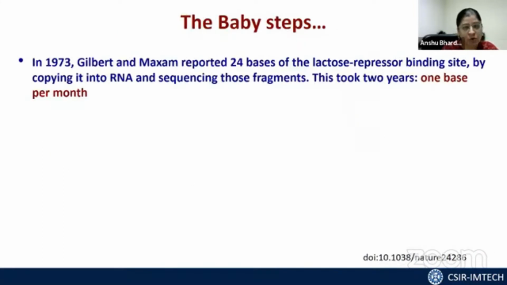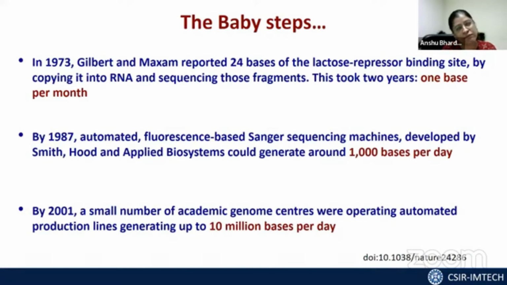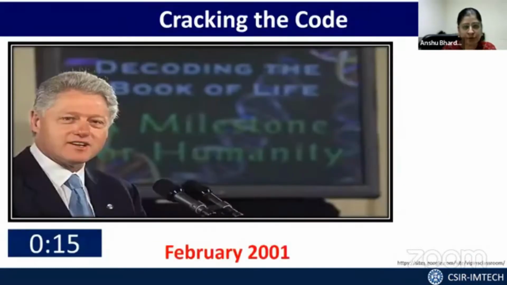Subsequently, over the years, we started taking baby steps, going from 1 base per month, to 1,000 bases per day. And by the time we sequenced the human genome, we were already doing 10 million bases per day, right? This is a quiz for kids who would like to enter their answers to say what this event is.